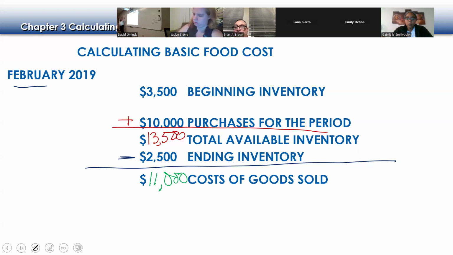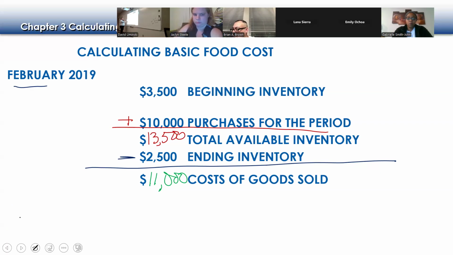We start with $3,500 in inventory. We purchase $10,000 worth of product. I'm using product. I'm making ingredients. I'm making recipes. At the end of February, I go and count, and I've got $2,500 left in my inventory, which means the cost of the goods that I actually sold was $11,000.